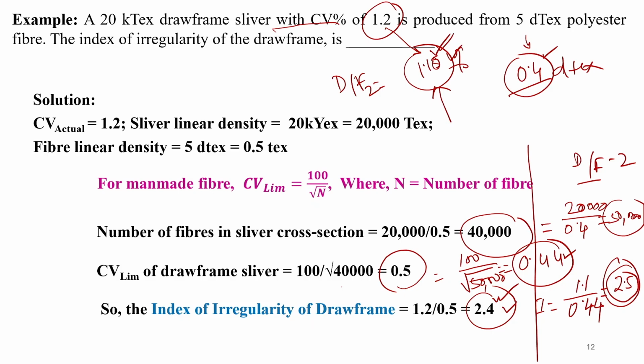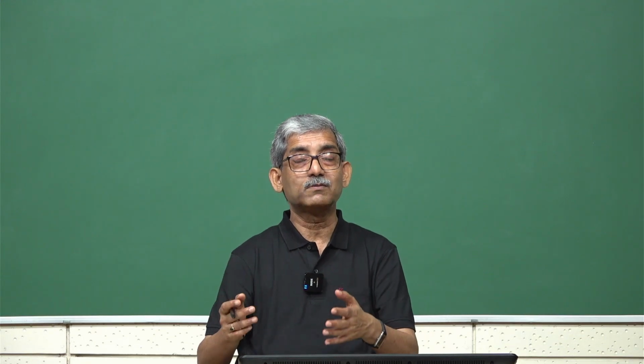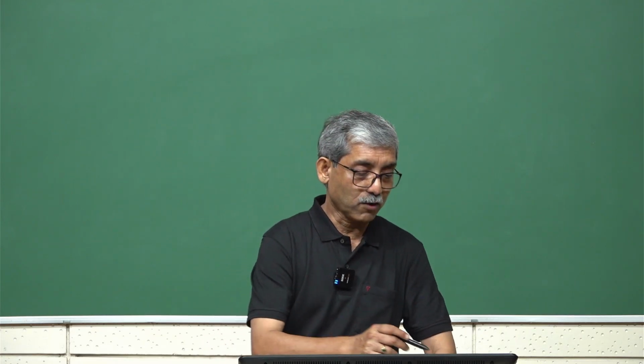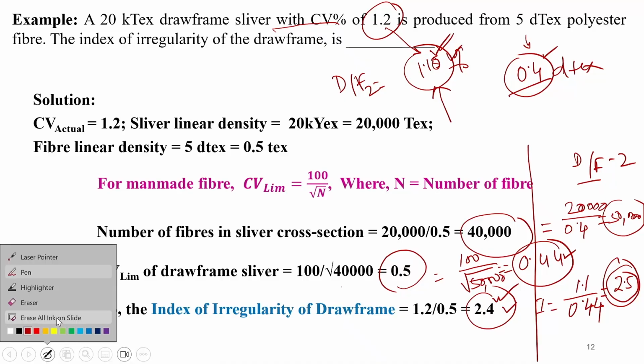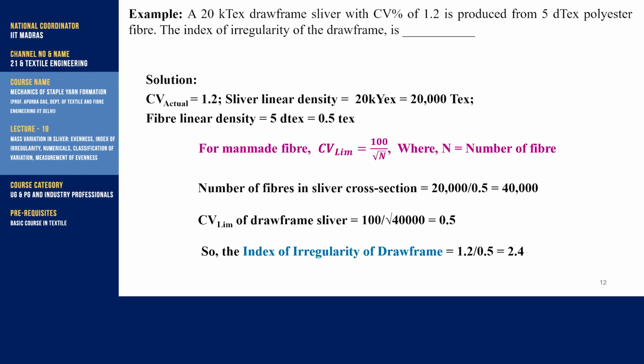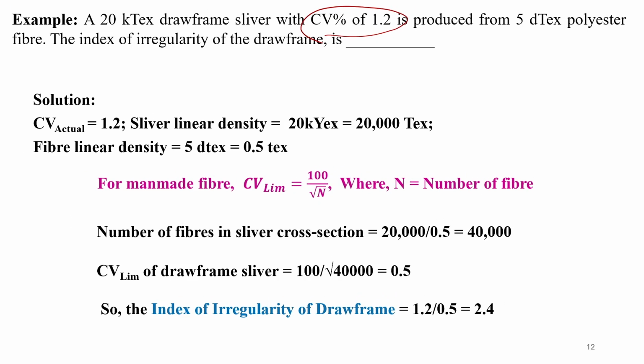So, the fact is that draw frame 2 is actually performing in a poor way. Draw frame 1 is performing better. So, we can compare the performance between two machines running, because the CV% is not the ultimate indication of the performance. Although quality wise it is good, which is the ultimate requirement, machine performance wise we have to calculate the index of irregularity.